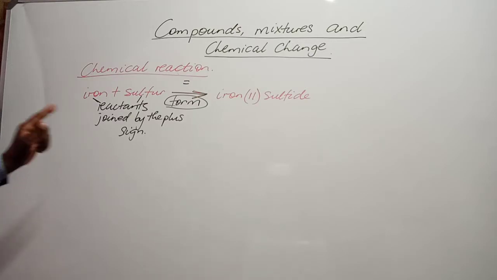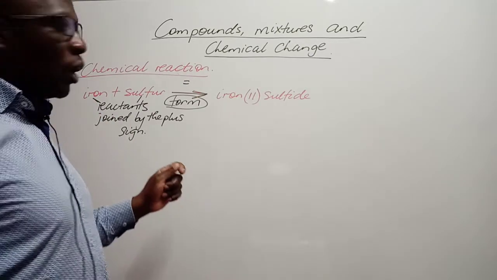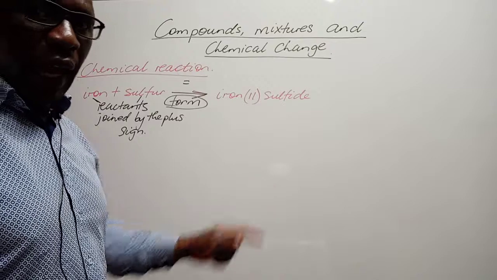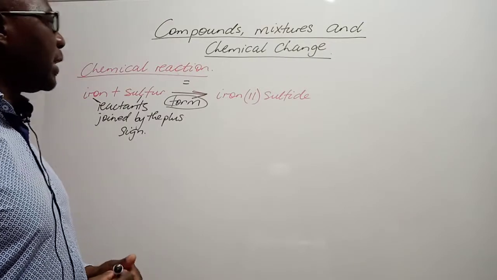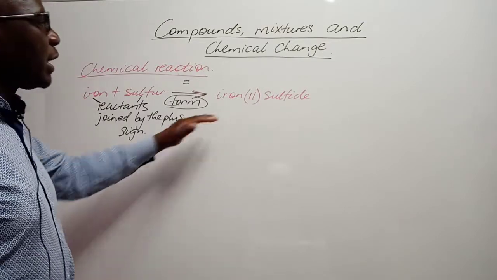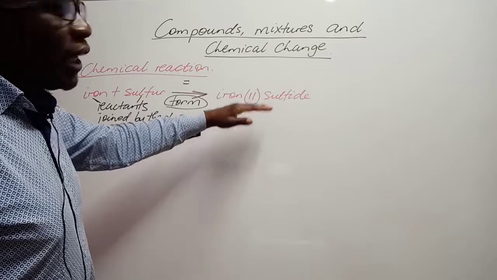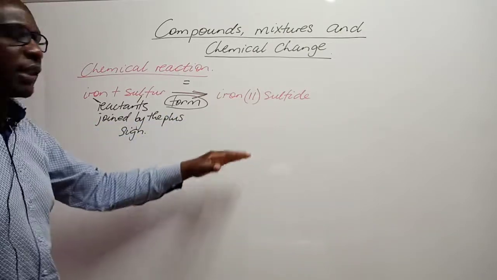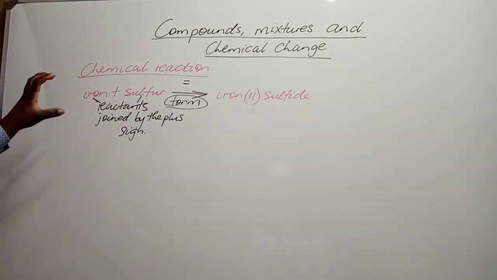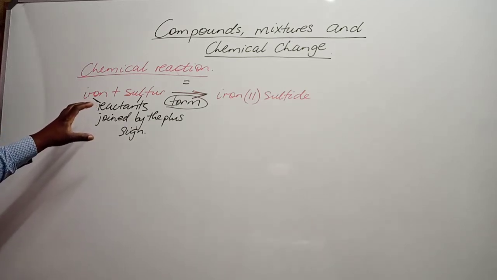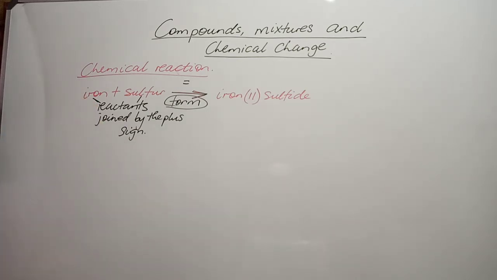So instead of an equal sign, we have got an arrow. What the arrow means is that this is a totally new substance from the reactants. That is what it means. So let us go ahead and look at some of the features of a chemical reaction.